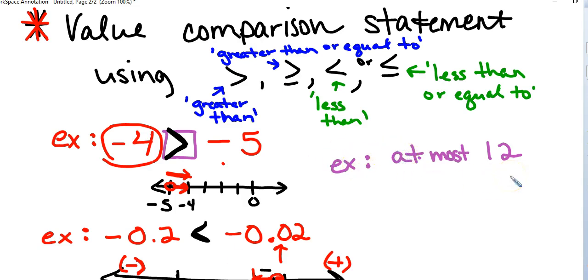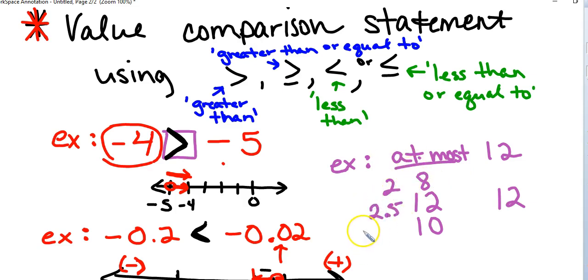Well, obviously that doesn't mean that every single kid has to be exactly 12 in order to order off the kids menu. That means that if you want to order the kids menu, you can be 12, but you can also be 10, you could be 8, you could be 2, you could be 2.5, okay?